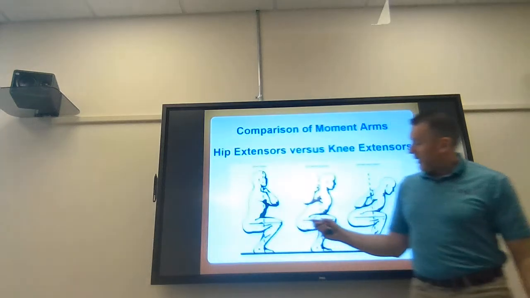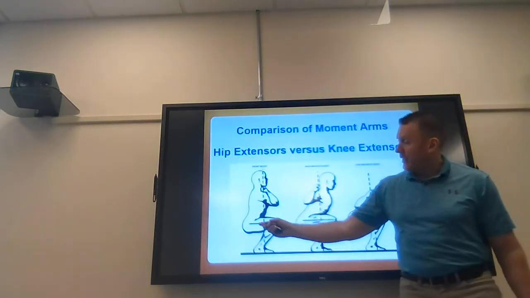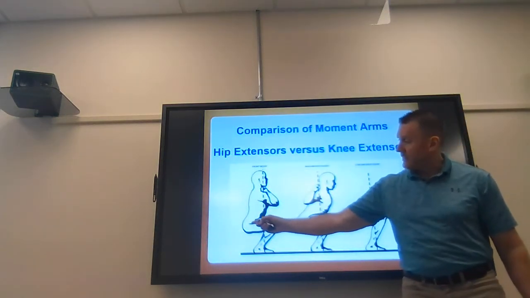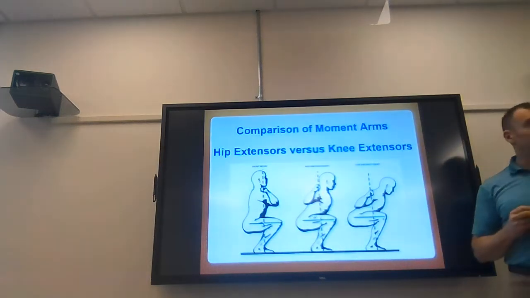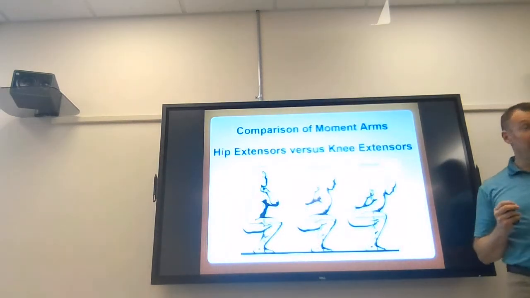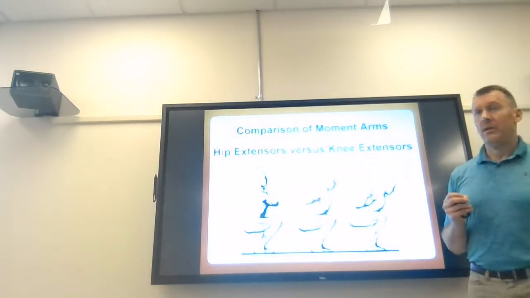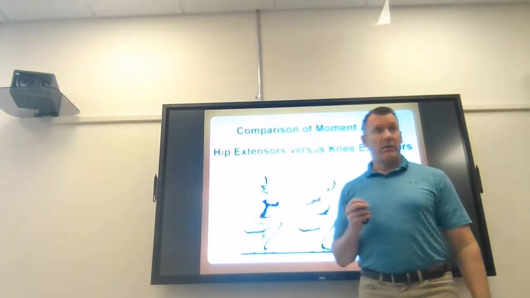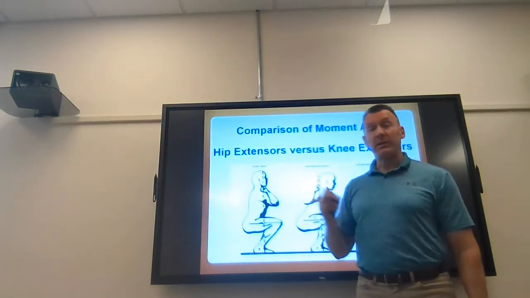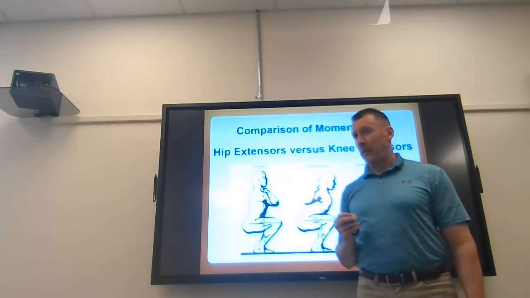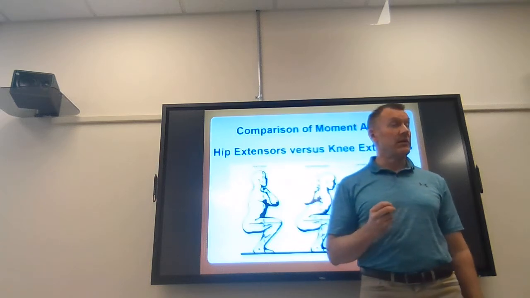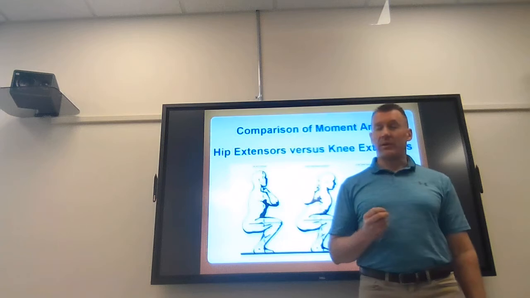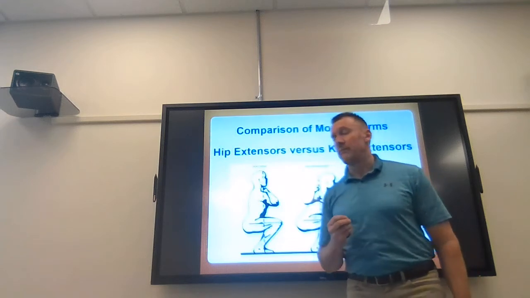Whereas, what do you notice about the pattern in the moment arm for the hip extensors as we go from here to here to here? Yeah, so you'd have more torque required from the hip extensors, so glutes and hamstrings. So moment arm is really important because that determines which muscles are receiving the emphasis.